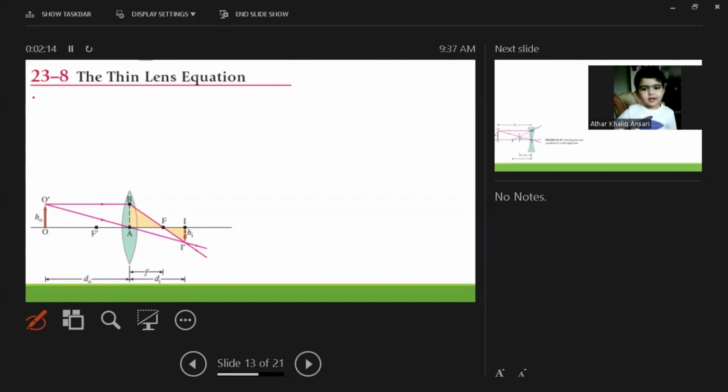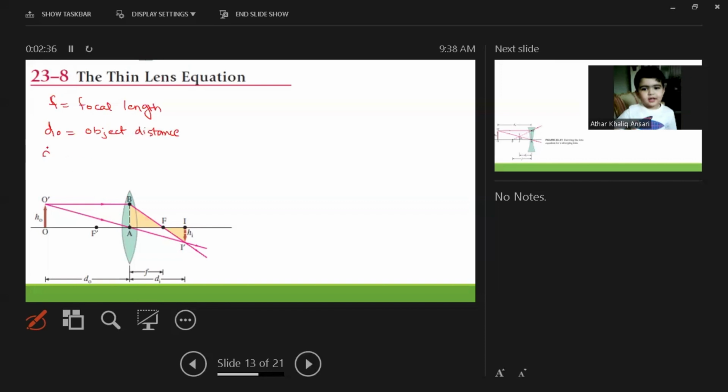So I can mention here that f is known as focal length. Then DO is the distance of the object from the lens, you can say object distance. And then what is DI?